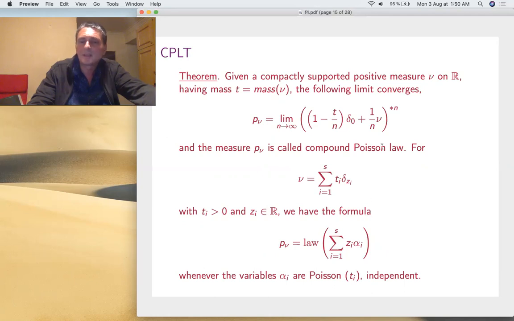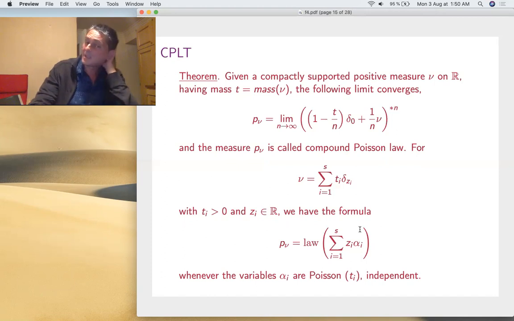In the discrete case, where mu is really a discrete measure, some Dirac masses with coefficients, the associated compound Poisson law is just the law of this sum here. So Zi are the points where the Dirac masses live, and alpha i are Poisson variables of parameters Ti, independent. It's a bit tricky, you invert: the Zi's come here and the Ti's come here.